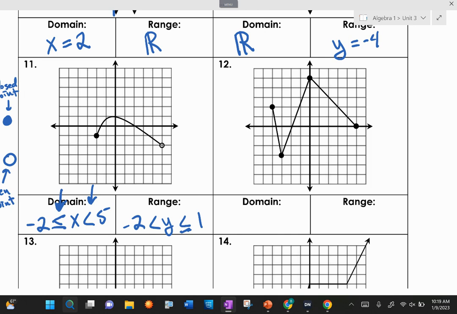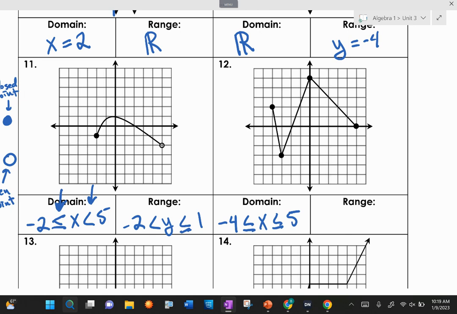Number 12. Who's confident? Jabron. -4 is less than x, and x is less than or equal to 5. Less than or equal to, because it's a closed point. Okay, we all feel good about that?